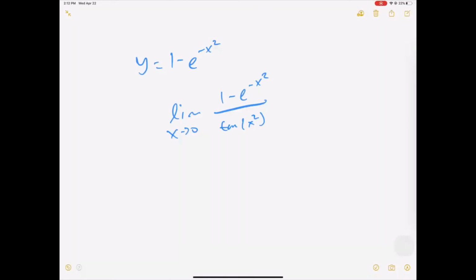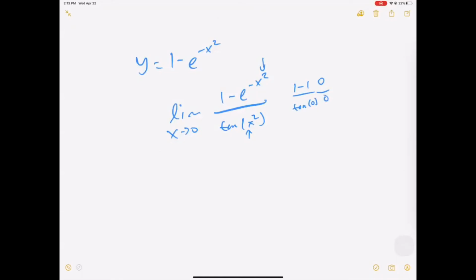So what is the thing that we should always try when we have limits? Should we do something fancy or should we just plug it in? Plug it in. Just try it, right? Maybe we'll get lucky. Knowing us, we're not that lucky, so we probably won't. So if I plug it in, e to the 0 is 1. 1 minus 1 is 0. And tangent of 0, if you don't remember what that is, it's just 0. 0 over 0.